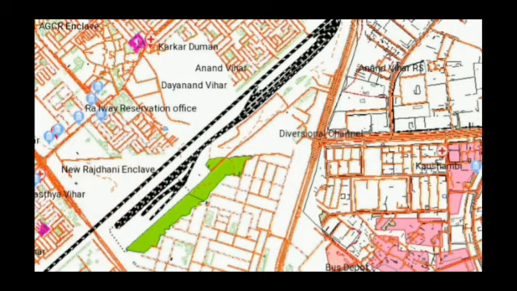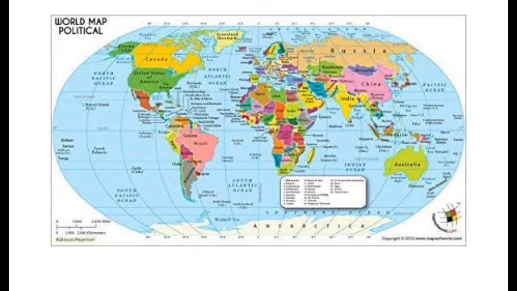A small scale map refers to world maps or maps of large regions such as continents, large oceans, etc. In other words, they show large areas of land in a small space and use a small scale, such as 1 centimeter equal to 1000 kilometers, which means 1 centimeter on the map shows 1000 kilometers on the ground.